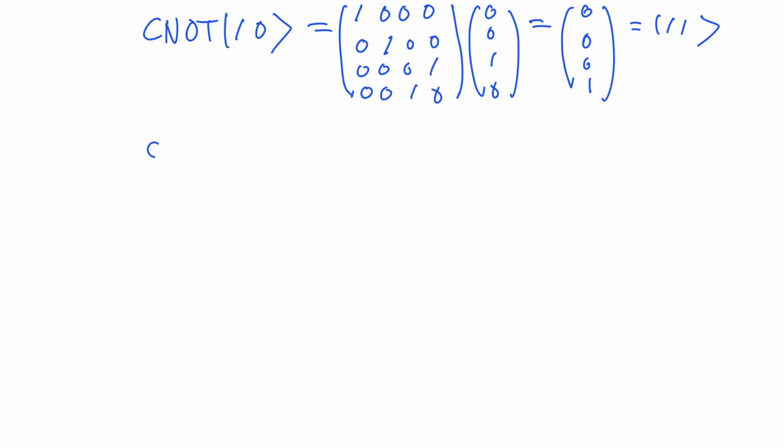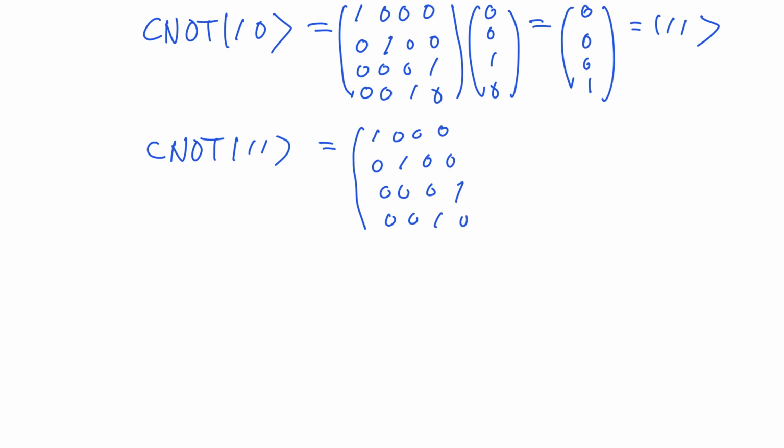How about the other one? C naught 1 1. 0 0 0 1 equal to, let's see, first row, first column, 0.